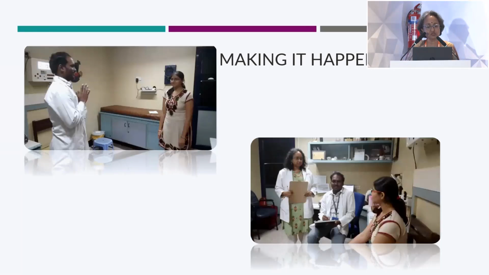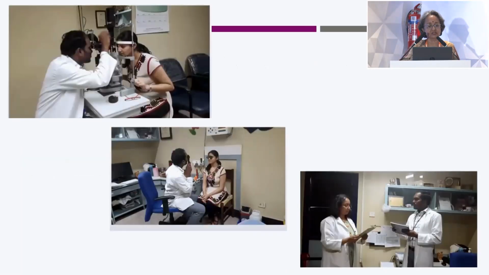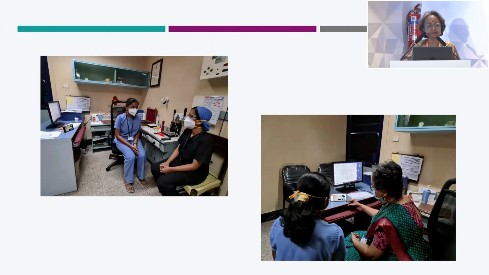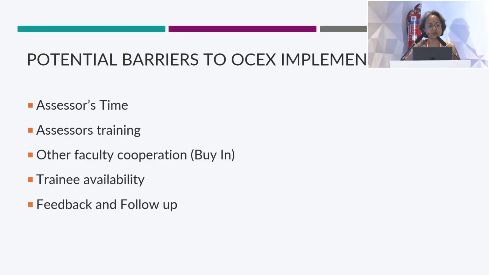So explain this to the patient, and then the resident starts, and I just sit in a corner and observe the whole encounter, including refraction, including retinoscopy, all of it. I always, in Shankar Nethralaya, had the refraction rechecked. But you have to watch the whole thing and then have them present it to you. So this is how it happens.